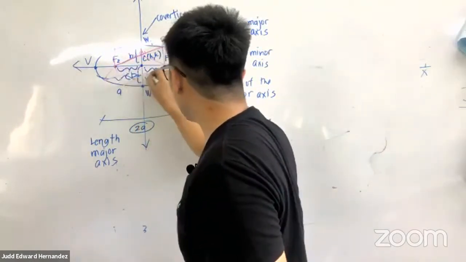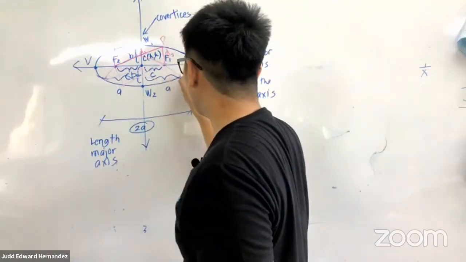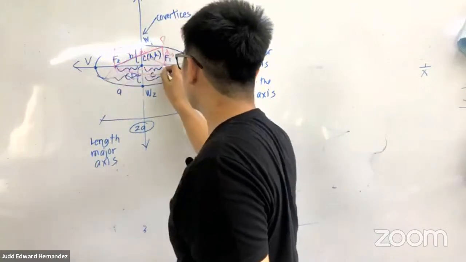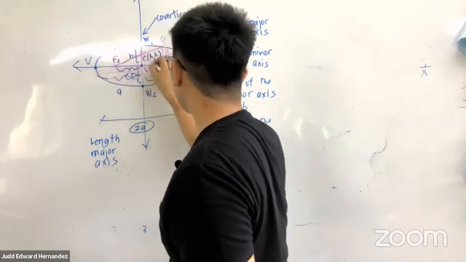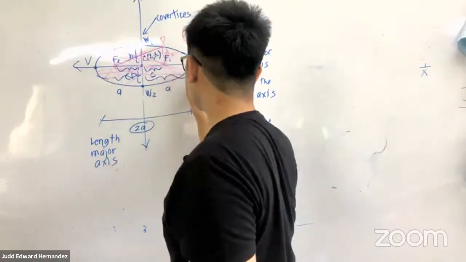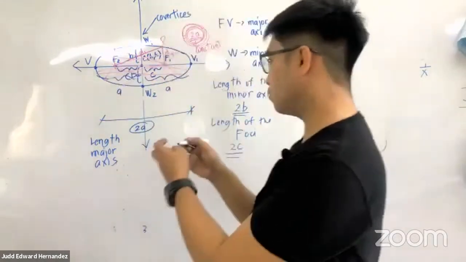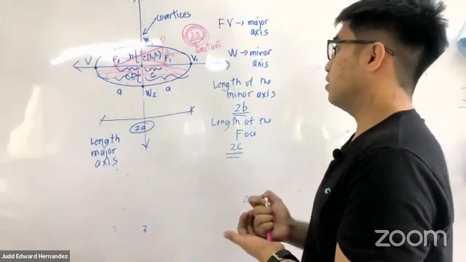Kahit saan dyan, basta tumama sa ellipse, at yung dalawang point na ginamit natin is F1 and F2. So, yun yung maganda doon sa ellipse. Kahit saan dyan, basta galing siya sa F1 and F2, that constant will always be 2a.